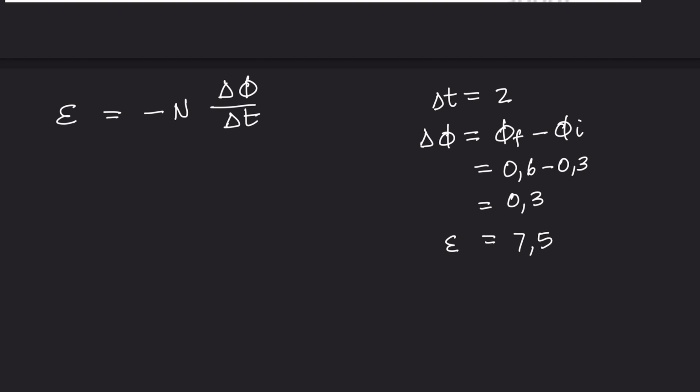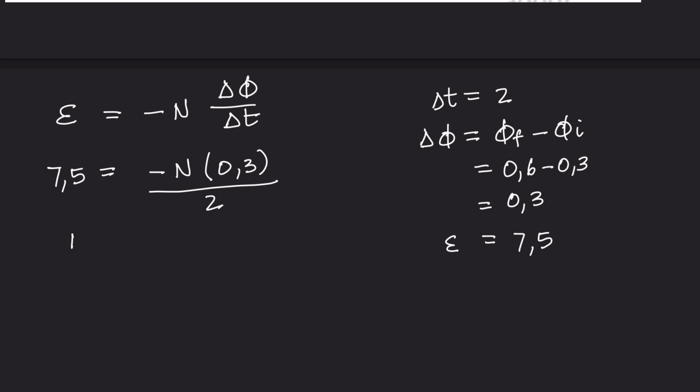Now we can substitute, or we can solve. We can say that E is equal to minus N. Actually, let's substitute one time. So 7.5 is equal to minus N, then delta phi we know as 0.3 divided by 2.